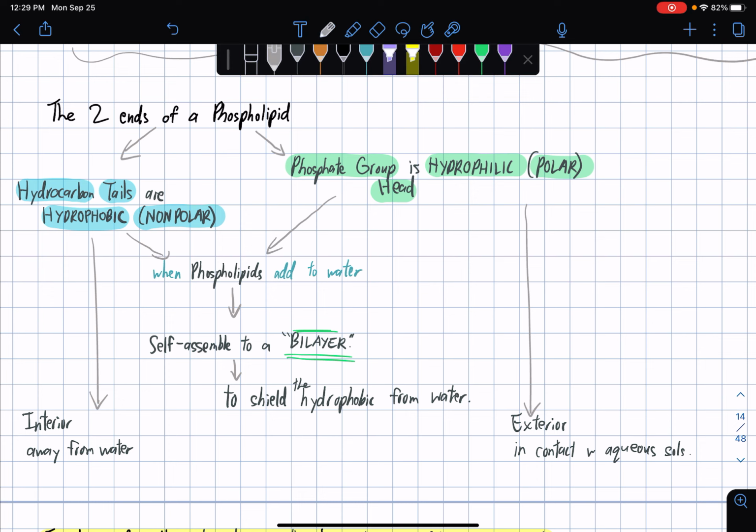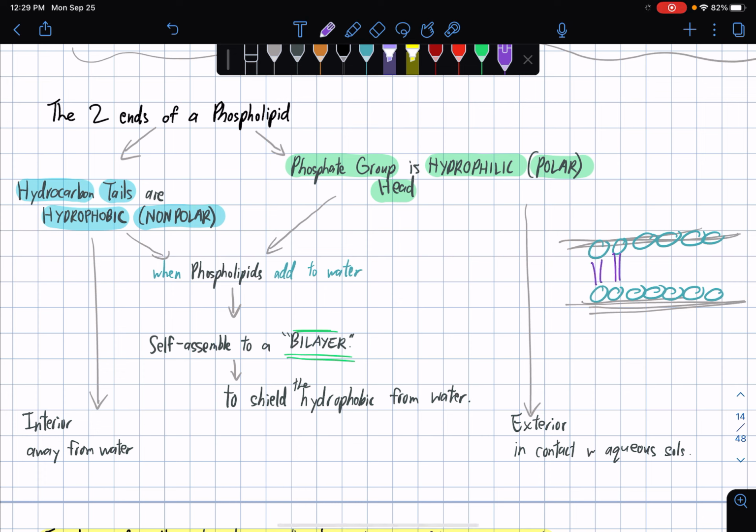Let me draw something. So say this is the cell membrane. The hydrophilic heads are located here, and the hydrophobic tails are located in the middle.